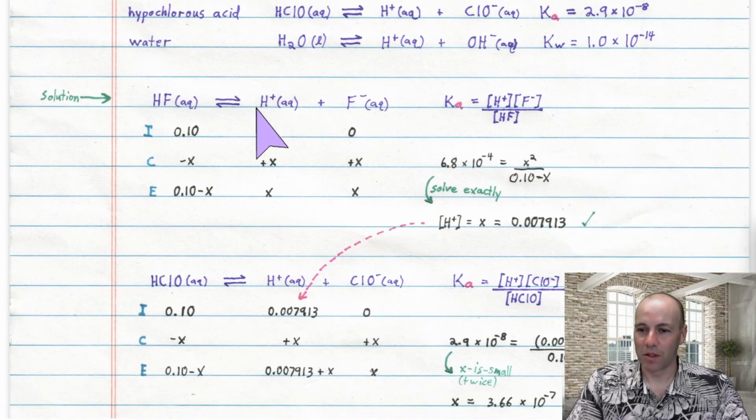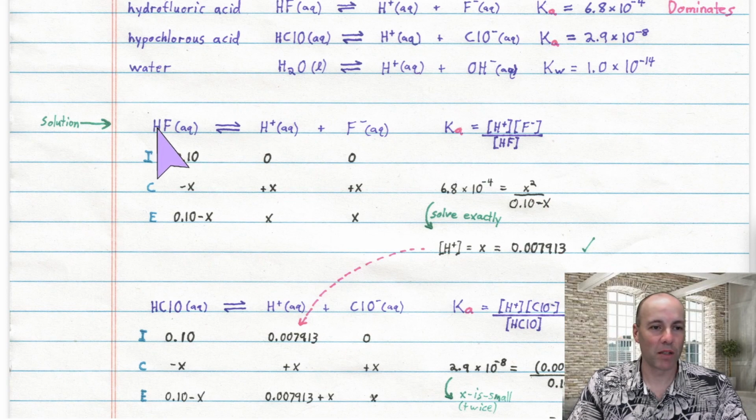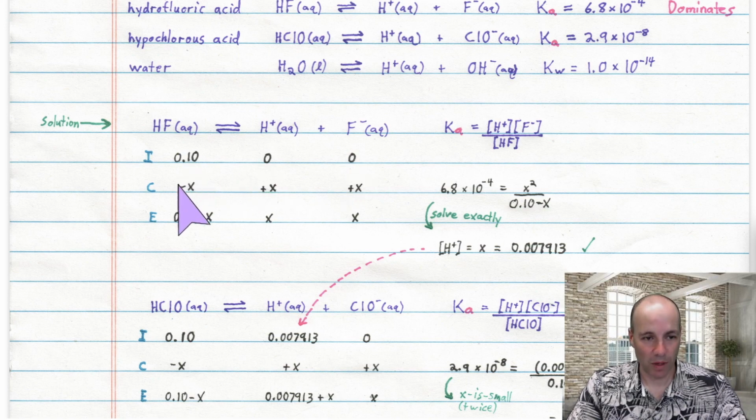So here's the solution. Let's consider the strongest of the proton sources first, the HF. HF dissociates, and here is its equilibrium constant equation. We start with 0.1 molarity, no protons, and no fluorides. So we lose X and gain X here, and here are the equilibrium concentrations, and we plug those into the equilibrium constant equation, and then we plug in the Ka right here.